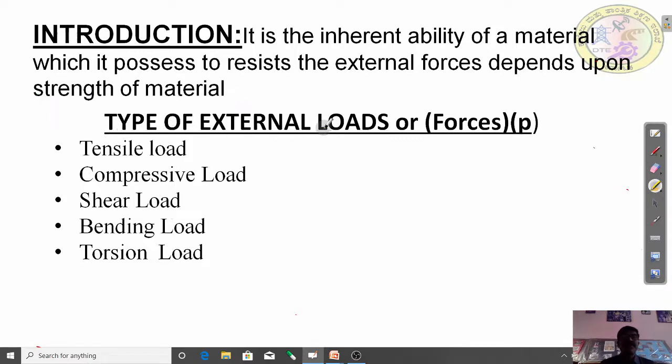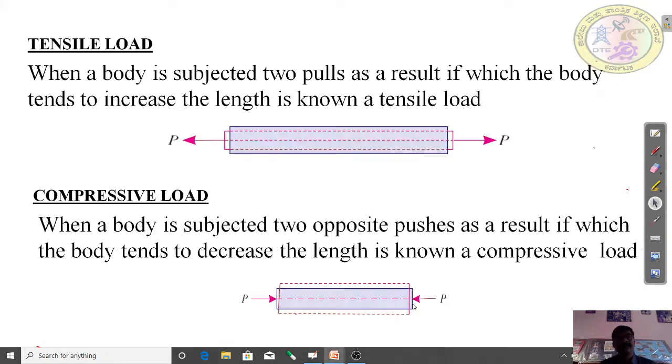We have types of external loads or forces. There are n number of loads, but from subject point of view, we will be learning tensile load, compressive load, shear load, bending load and torsional load. Tensile load.